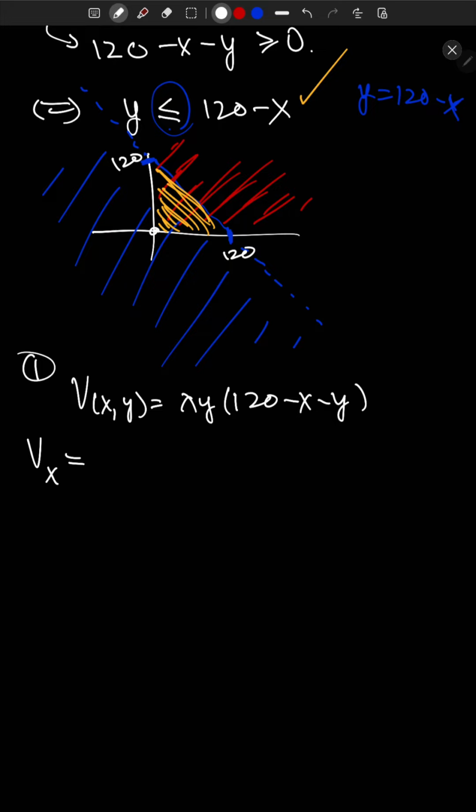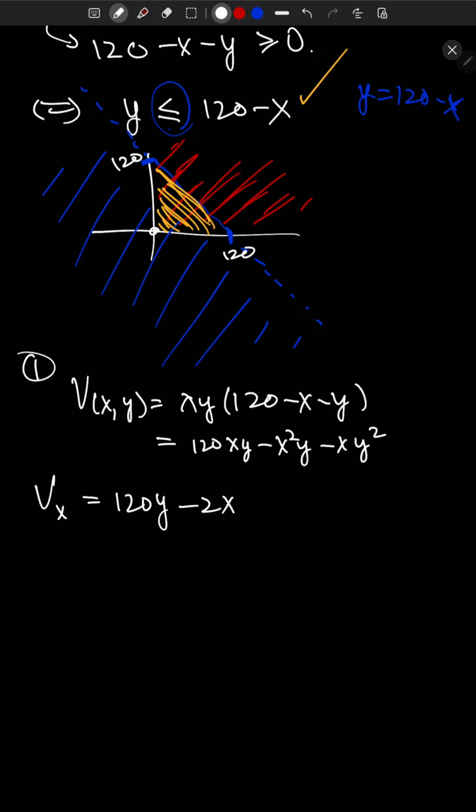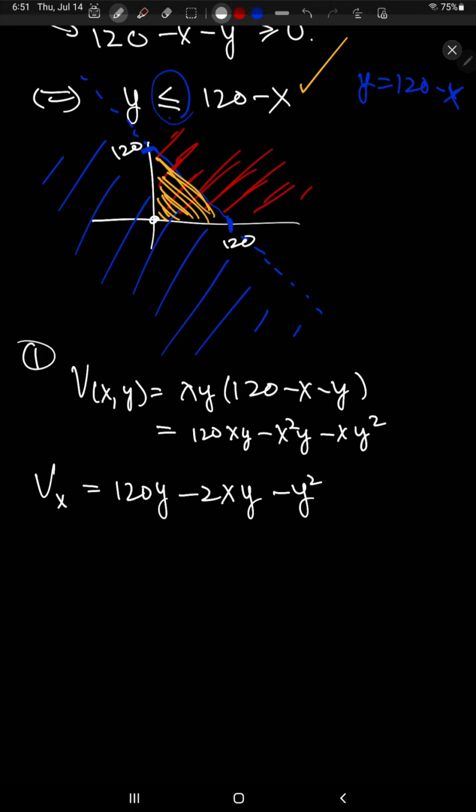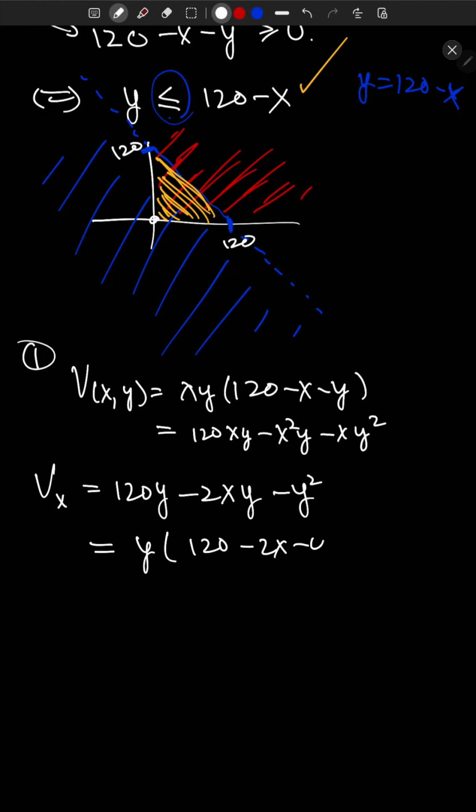V sub x is, let me actually just expand this. 120xy minus x squared y minus xy squared. So v sub x is 120y minus 2xy minus y squared, which is y times 120 minus 2x minus y.